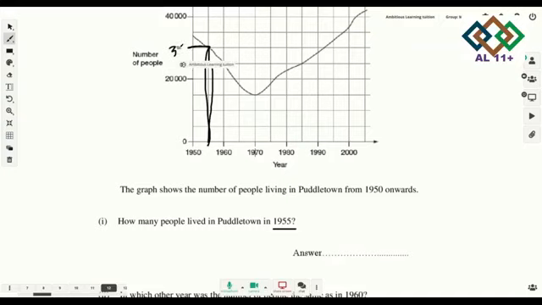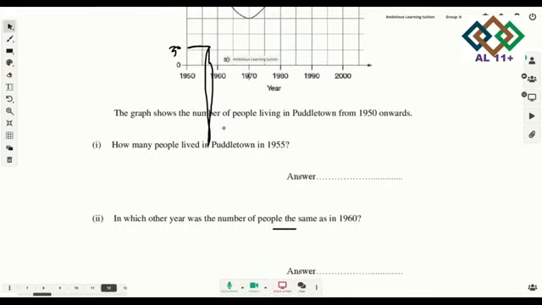So this would be 3000. So I know the population of this one will be 3000.